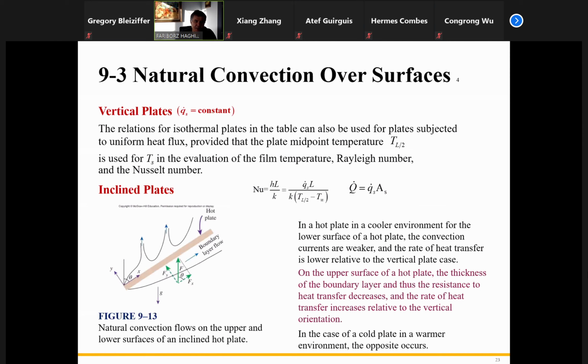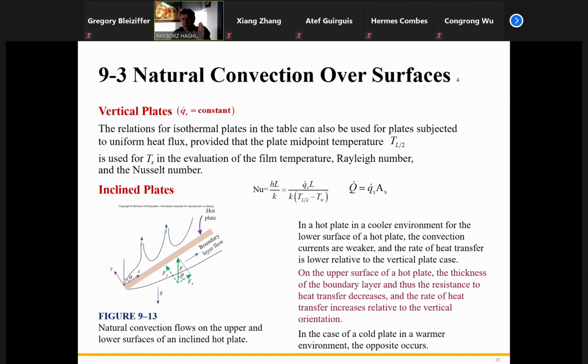If we provide uniform energy to the plate, we define the temperature of the plate as the midpoint temperature. The isothermal plate correlations in the table can also be used for plates subjected to uniform heat flux. It means you are heating the plate with a heater.